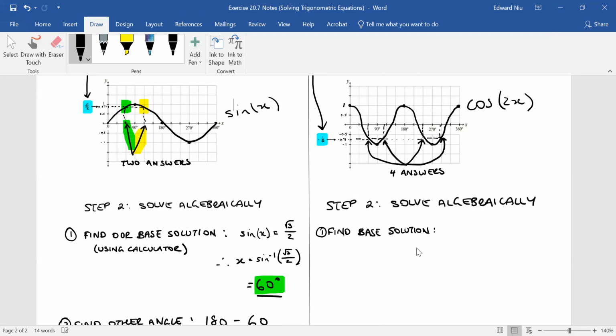Okay, so cosine 2x equals -1 on root 2. Now, therefore, we know to get x by itself, 2x is going to equal cosine inverse of -1 on root 2, as we've done in the past over and over again.